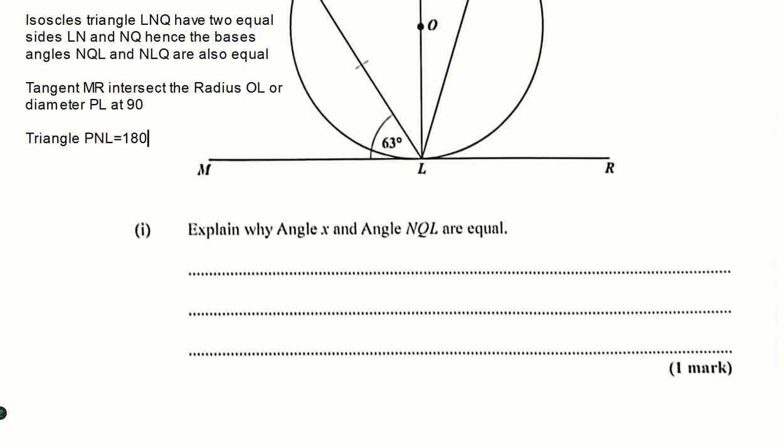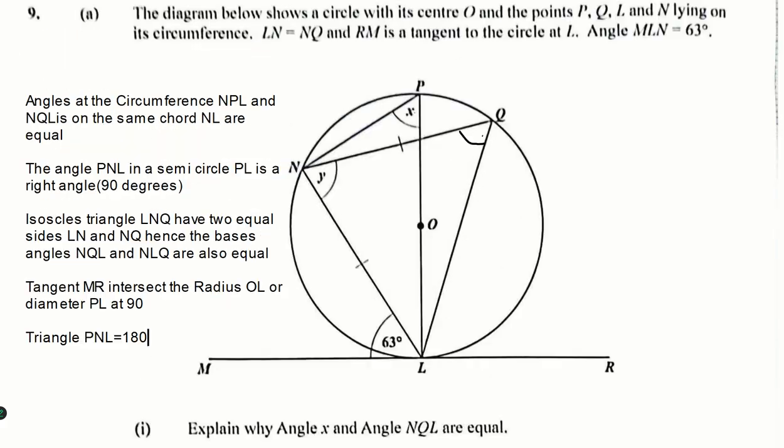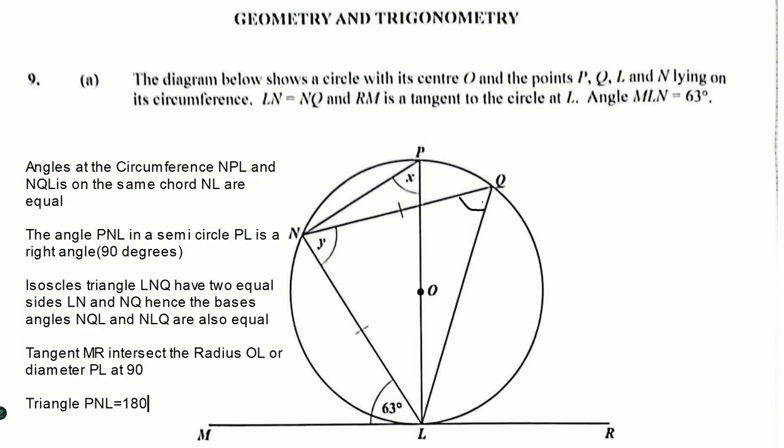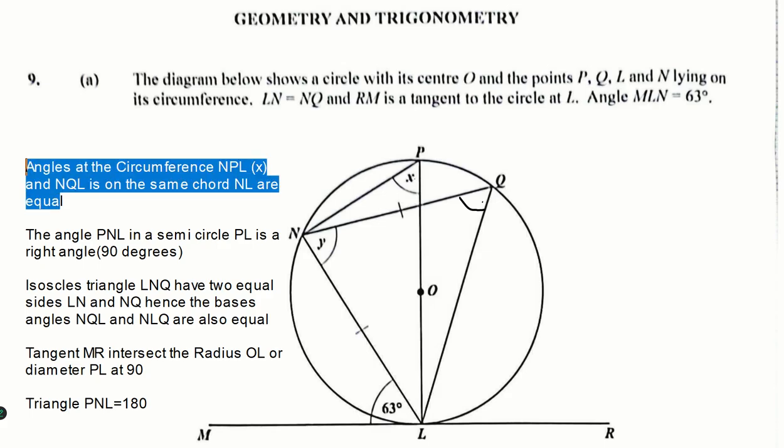Let's see what the question says. Explain why X and angle NQL are equal. I already have that there. Angle X is also known as NPL. So X and NQL are equal because they lie on the same chord NL.